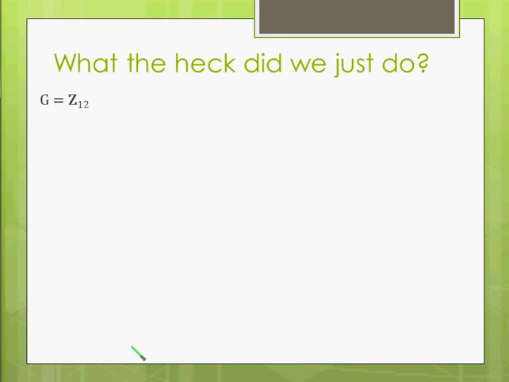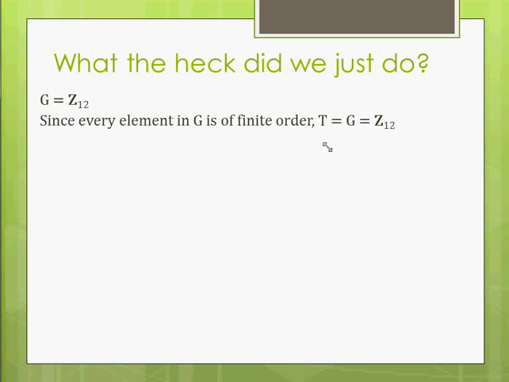All right, so what the heck did we just do? So this was the part that I really racked my brain on, trying to relate it to real examples of numbers. If we have a group Z12, let's say, what's the torsion subgroup of Z12?